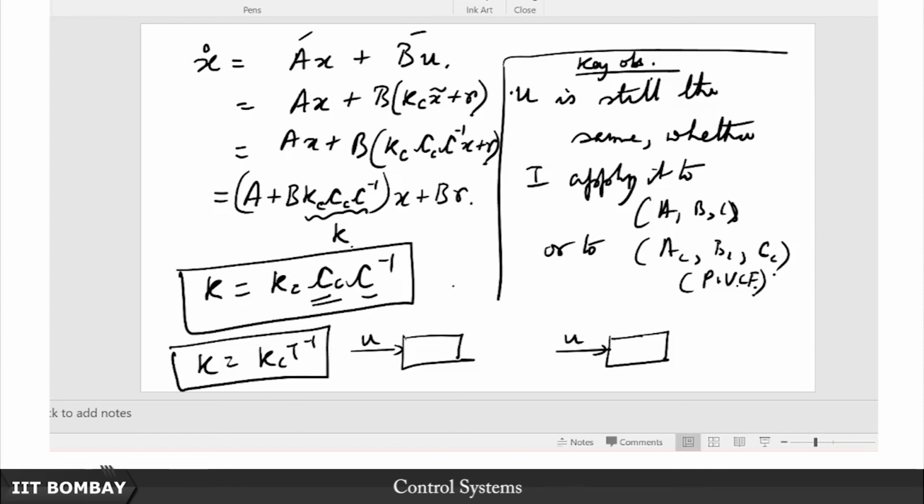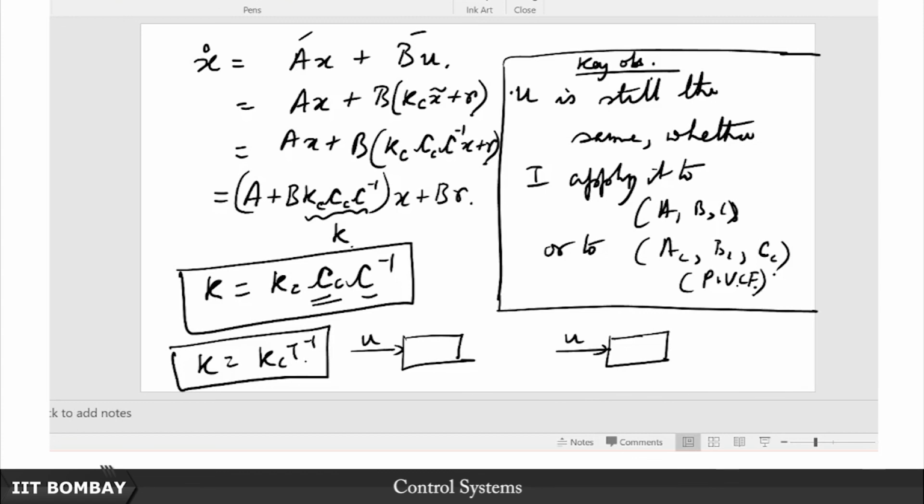So this only serves to show that if you have the controllability assumption, then this method will always work. But it is not necessary that, given any realization, you always go to the phase variable canonical form, design the gains in that domain, and then go back to the original domain through this transformation, again Kc times T inverse, and say that this is my gain.